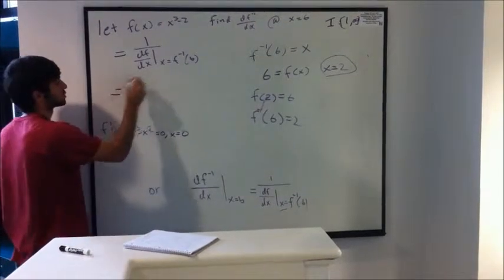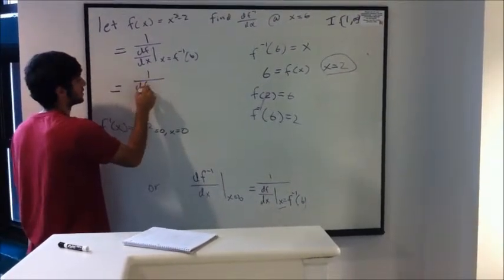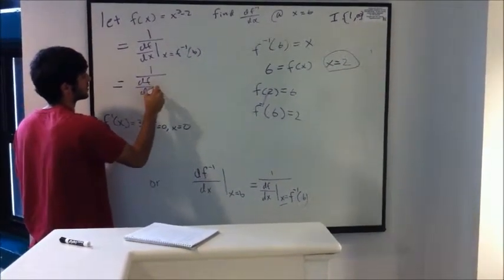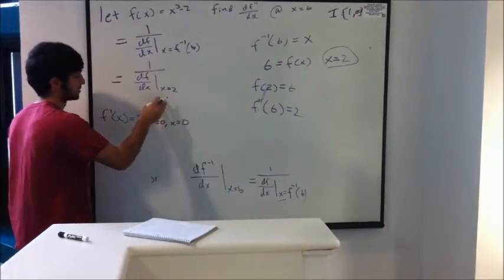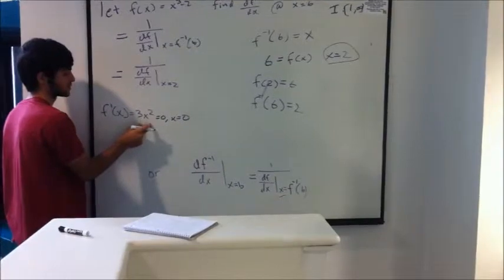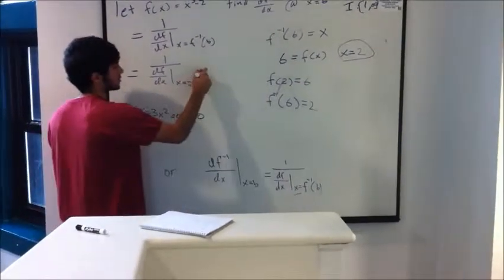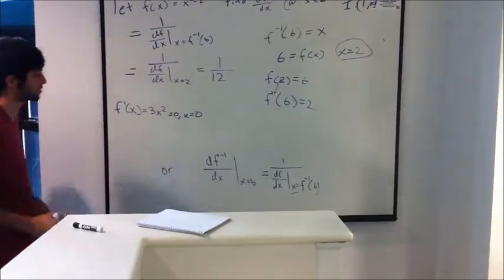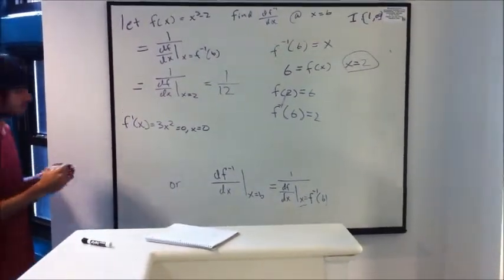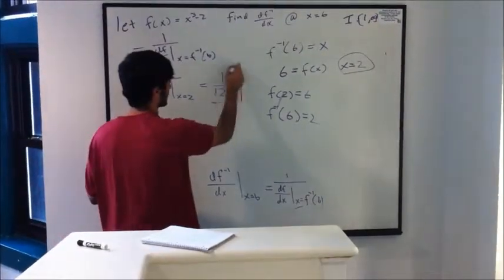So we have this equals 1 over the derivative at x equals 2, and the derivative of it we found was 3x squared, so that becomes 1 over 12. 3 times 2 squared, 3 times 4 is 12. And so this is our answer.